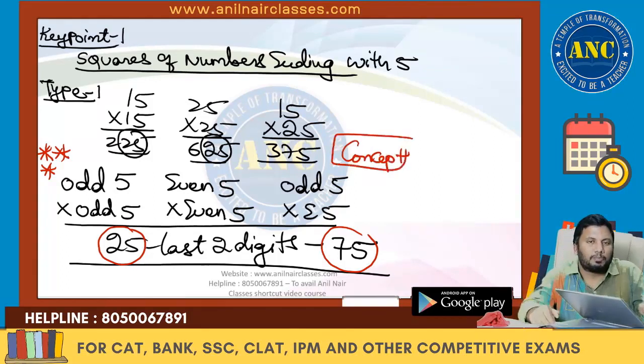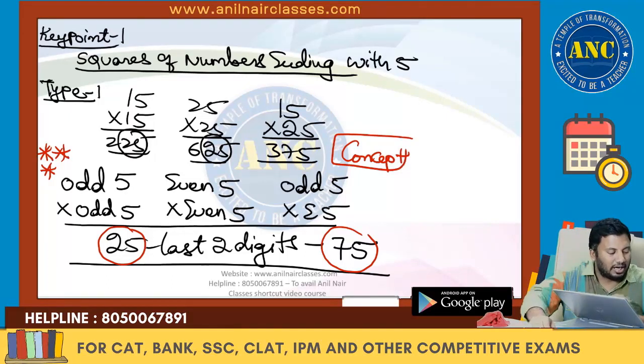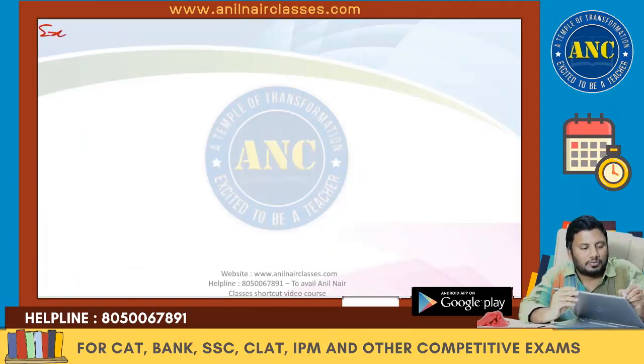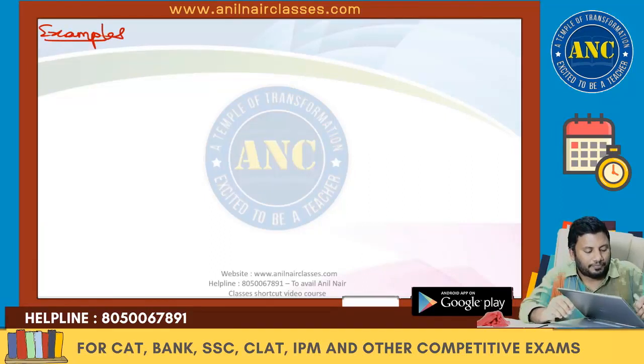Now, examples we will do, it should be extremely clear to you. Odd 5 into odd 5, 25. Even 5 into even 5, 25. Odd 5 into even 5, 75. Now, examples. First example.